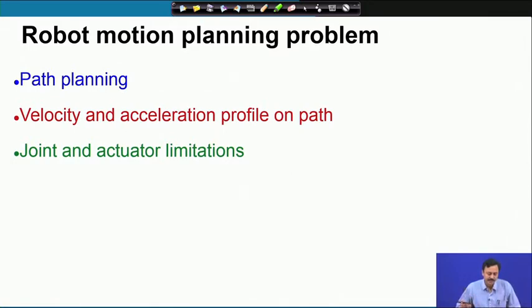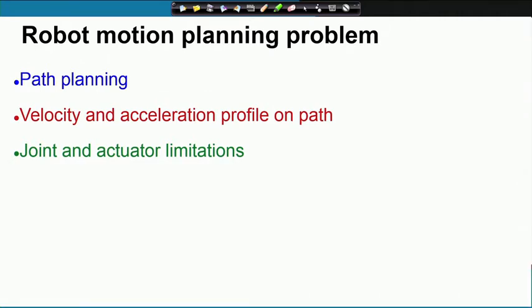So, joint limitations because of physical construction, actuator limitations because the actuator may not be able to produce very high velocity or very high acceleration.